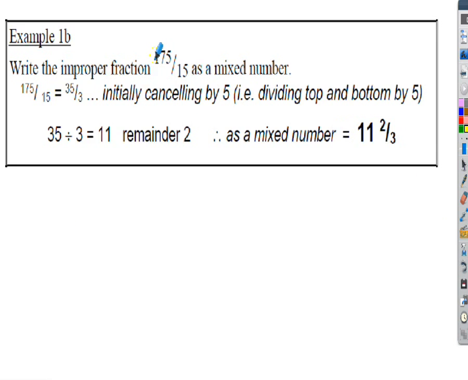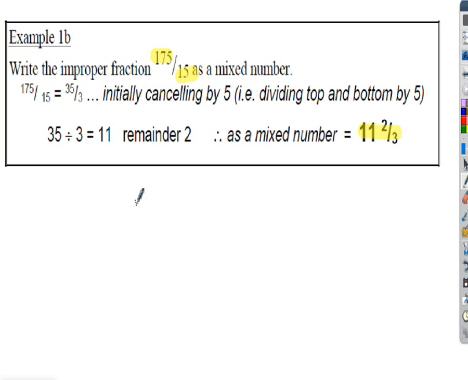Example 1b here, we're given the improper fraction of 175 divided by 15. Initially what I'm going to do here is cancel down by 5 by dividing top and bottom by 5, just to simplify my numbers, and then I'll undertake the division process. I think I'll write example 1b below for completeness. 175 divided by 15 is the top-heavy fraction, or the improper fraction we're given.